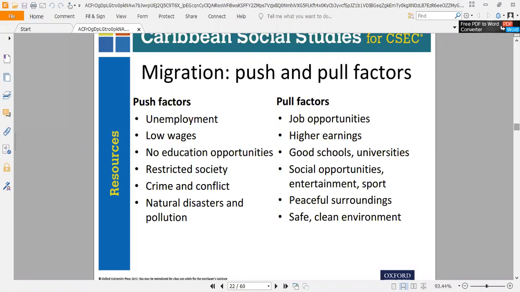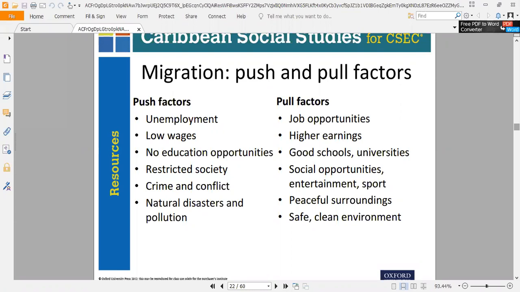So migration is the movement of an individual within a country or from one country to another country. All right. So once I move from my location anywhere in the country, it would be said that I would have migrated.